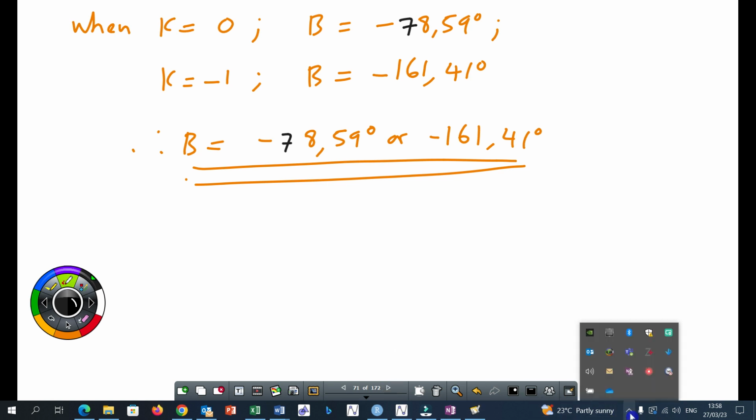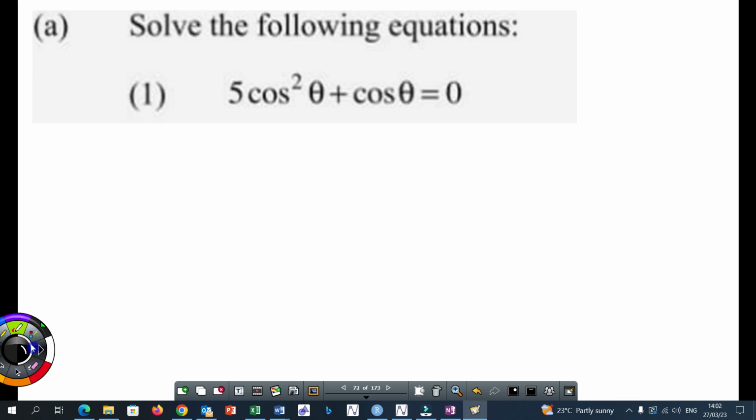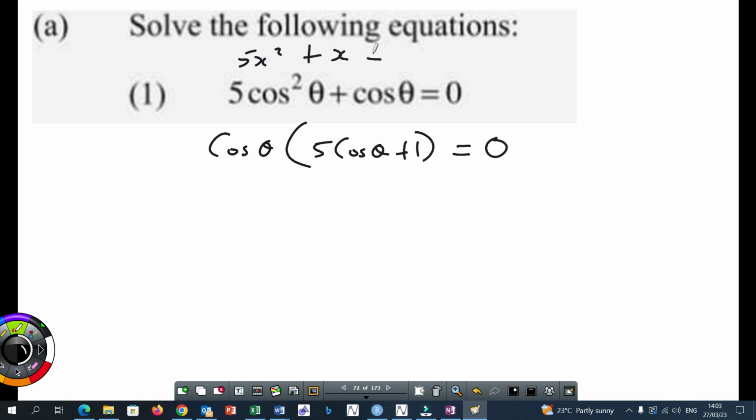So if they don't give you a restriction, here our equation is that. We just have to determine the common factor, which is going to be cos theta. So you get cos theta times (5 cos theta plus 1) equal to 0. Please treat this 5 cos squared theta as maybe 5x squared plus x equal to 0.